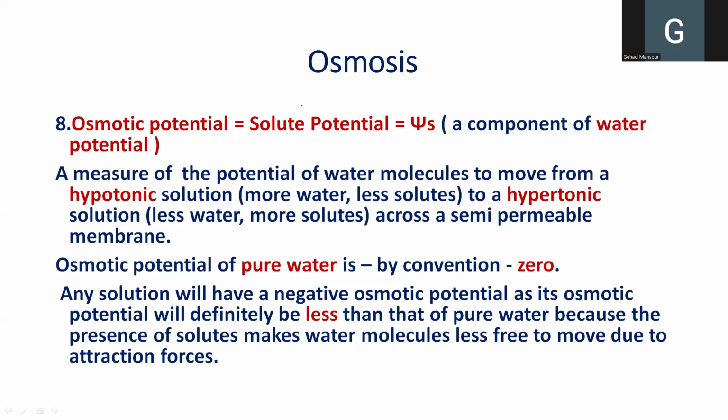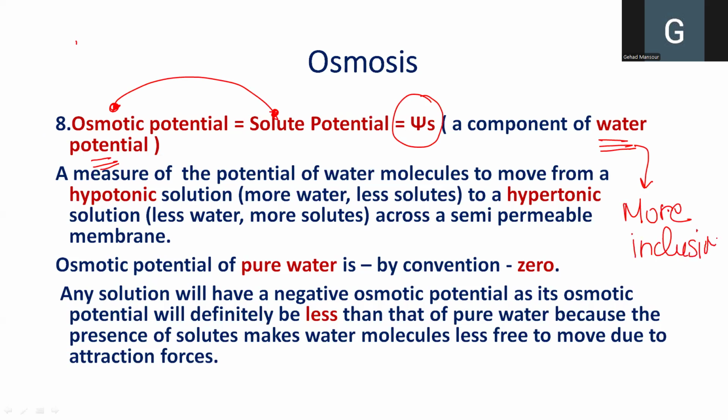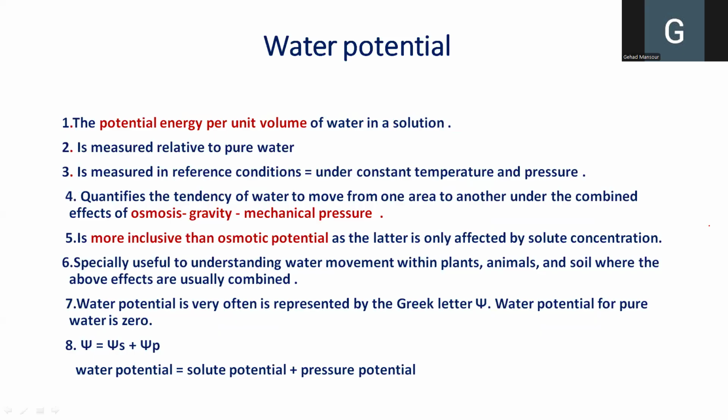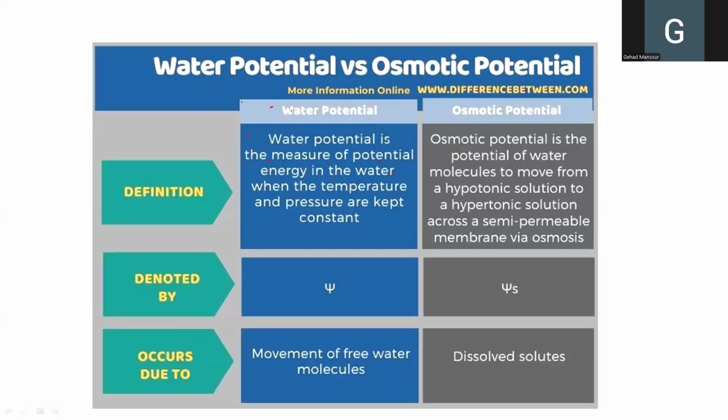Because now we are not talking about osmotic potential and solute potential, which are two different ways of expressing the same value psi S, but we are now talking about a comparison between water potential, which is the most inclusive term in that context, and osmotic or solute potential. So here we have a comparison between water and osmotic potential. Instead of osmotic, you can say solute potential.